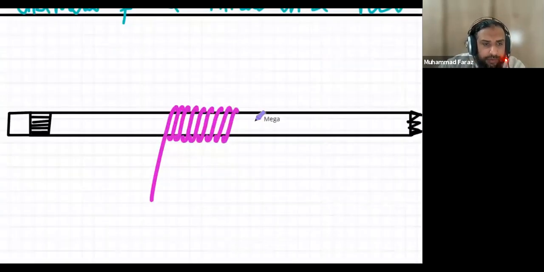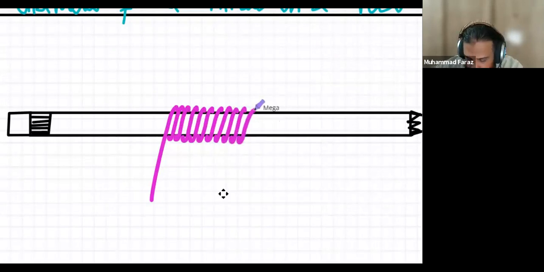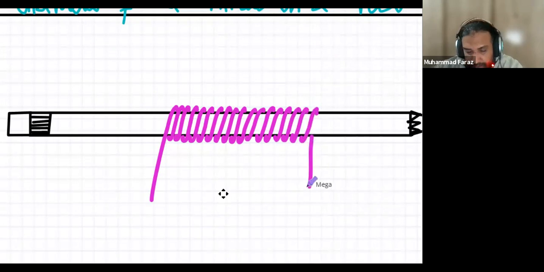Let me zoom into this one. While winding the thread, I have to be very careful that all the threads should be side by side with each other. There should be no gap, neither should any one thread overlap another thread.